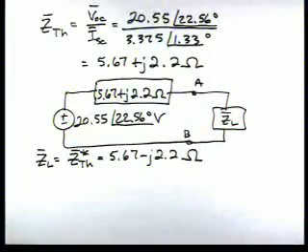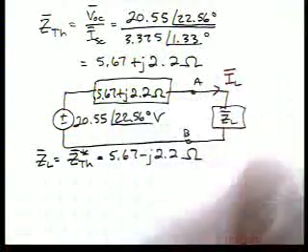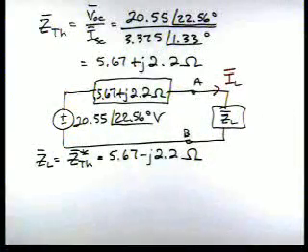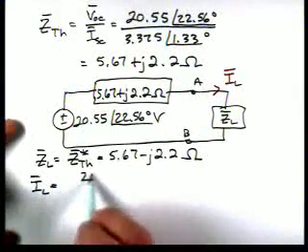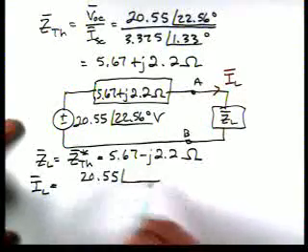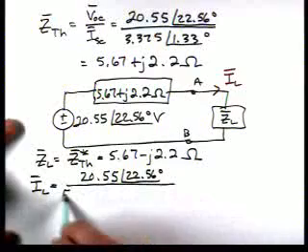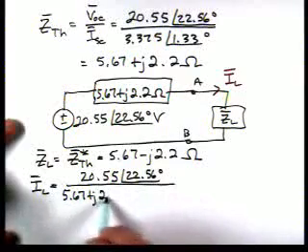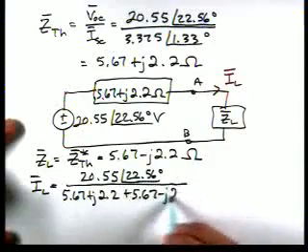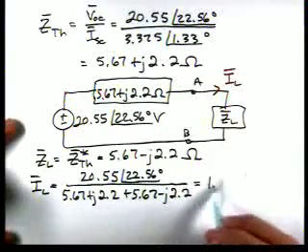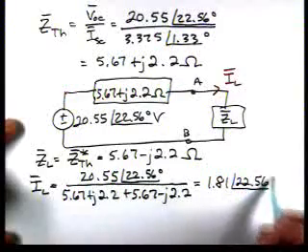Now let's calculate the current IL. IL is 20.55 at an angle of 22.56 divided by 5.67 plus J 2.2 plus 5.67 minus J 2.2, which is 1.81 at an angle of 22.56 degrees.